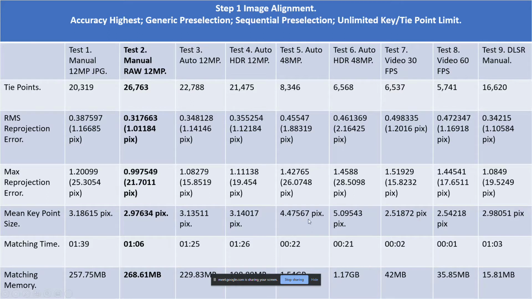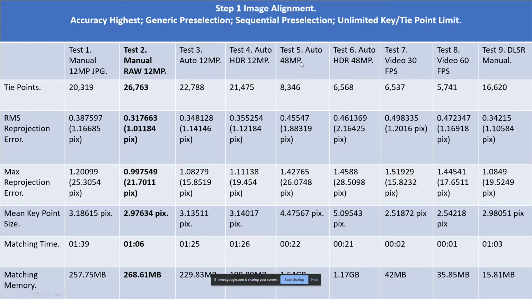We can see that the smallest ones were in the video ones, but overall, very high ones were observed with the high resolution imagery. The 48 megapixel images had a higher mean key point size, actually higher than everything. They had a higher RMS reprojection error and higher max errors as well. That comes down to how well the key points were identified in the imagery.